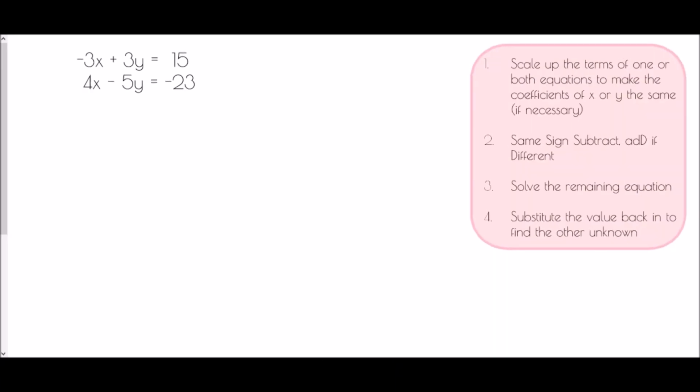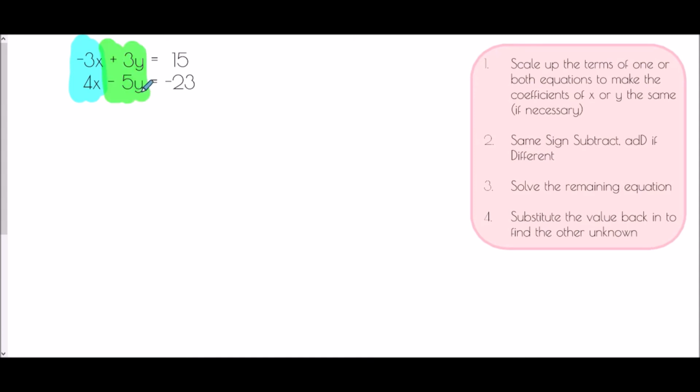And our last example, we have negative 3x plus 3y equals 15 and 4x take away 5y equals negative 23. In terms of scaling up this time, in this case we have completely free choice as to what we do, especially as if we look at the x's, we have different signs, and if we look at the y's, we have different signs.